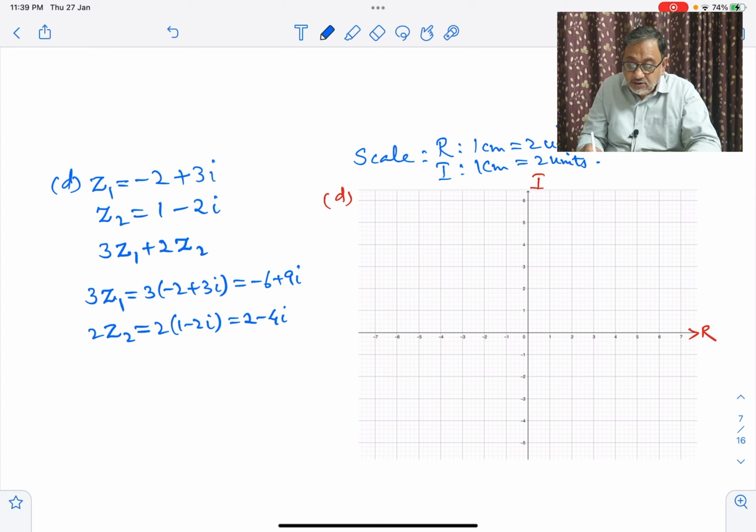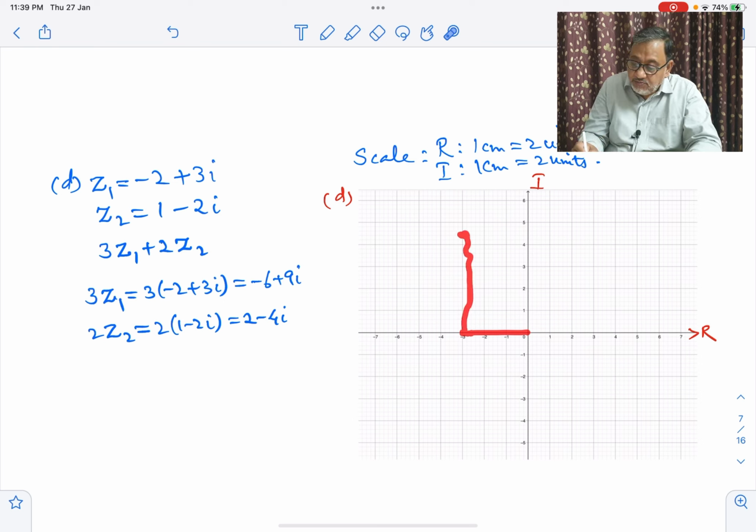Minus 6 means in the negative direction 3, because we have taken 2 units for 1 centimeter. Plus 9 means half of 9, 4.5, so 4.5 will be somewhere here in the middle.